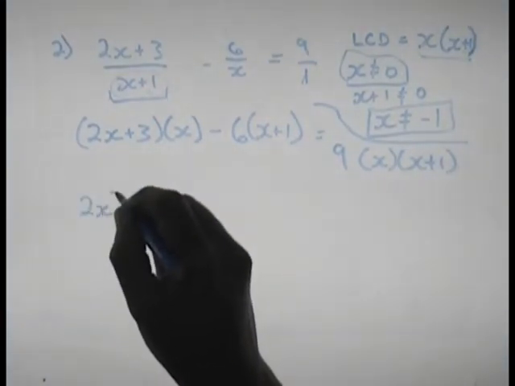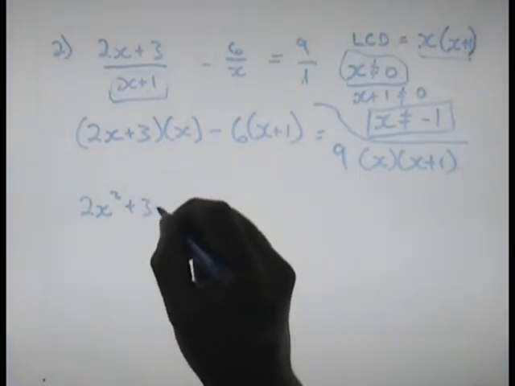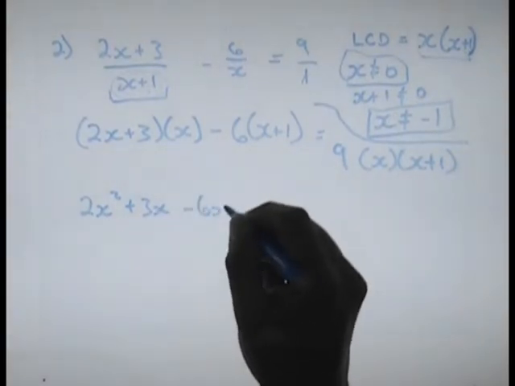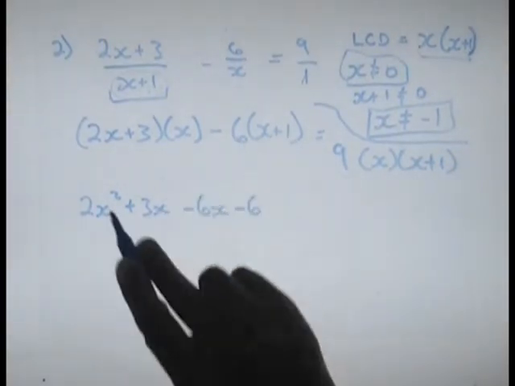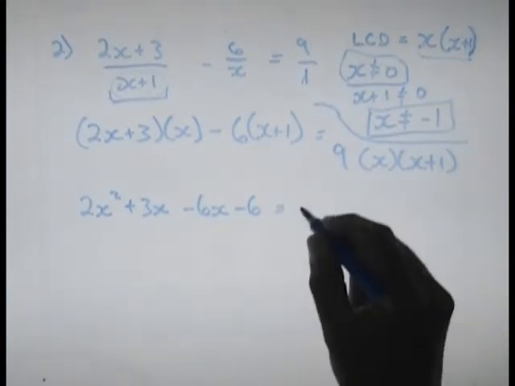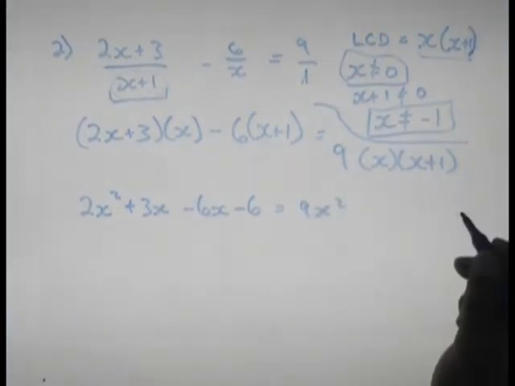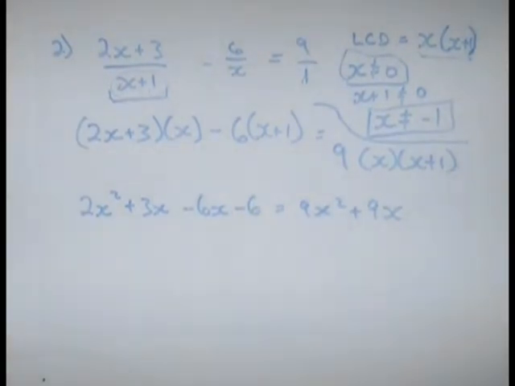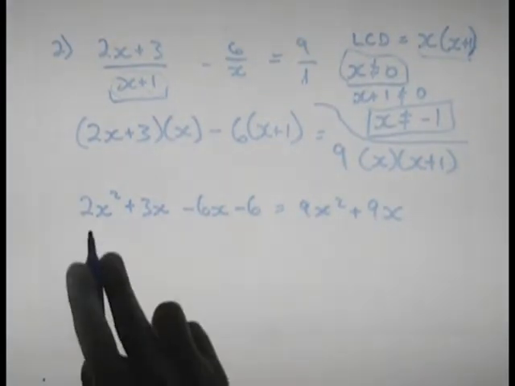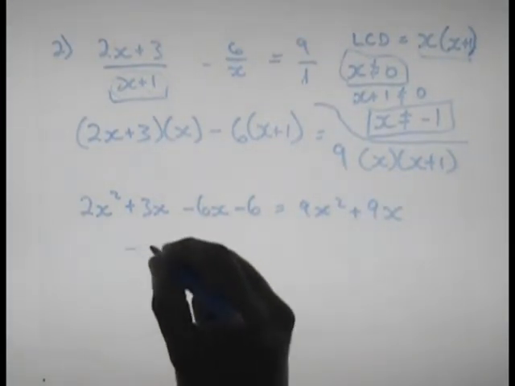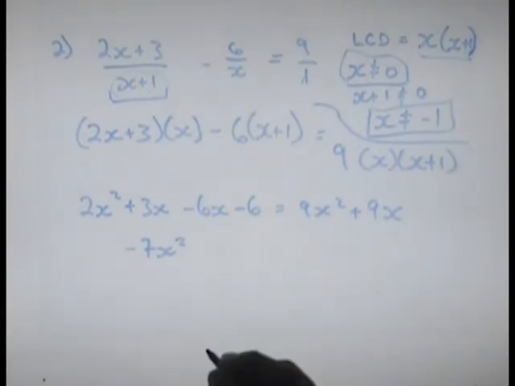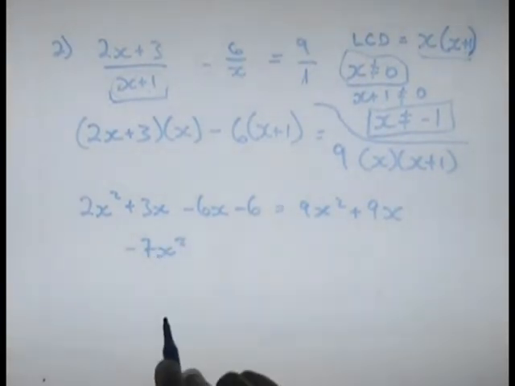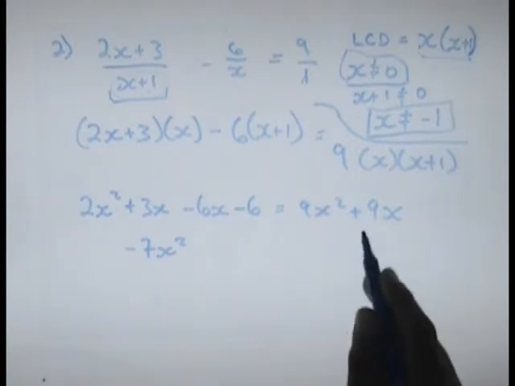This means that 2x squared plus 3x minus 6x minus 6 is equal to 9x squared plus 9x. Two x squared minus 9x squared is minus 7x squared, plus 3x minus 6x is minus 3x.